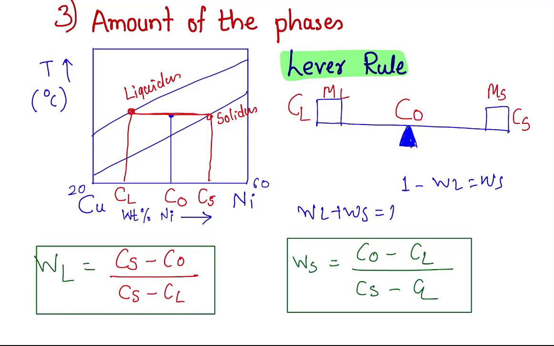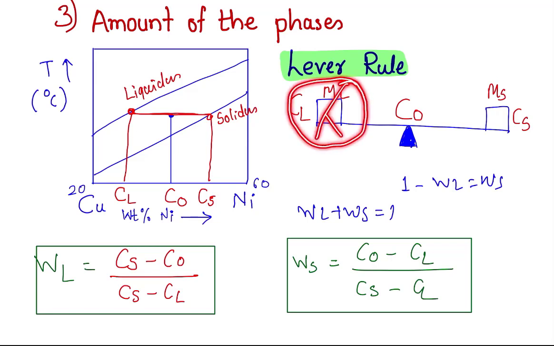This less than C0 will be the Cl, because Cl is less than C0 and it touches the liquid. So this is Cl, this is Cs, this is mass of liquid, this is mass of solid. So to find out amount of phases, that can be shown by Wl for liquid, Ws for solid. Here if I want to find out amount of liquid, we can neglect this Cl.